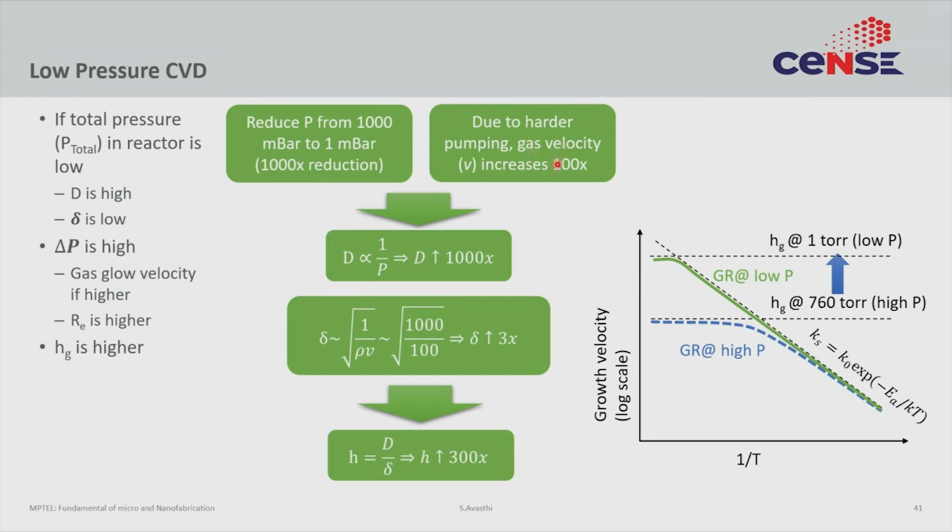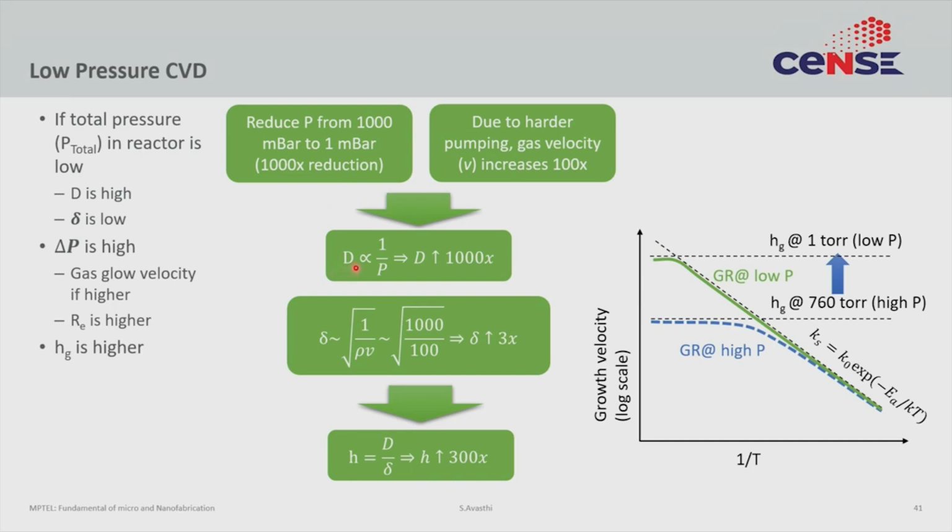It really depends on the Reynolds number and a few other details, but let's assume you are increasing the velocity by 100x. For a 1000x decrease in pressure, the velocity has increased 100x. Now, these two things sort of counteract the effect on growth rate, and that is why the effect on growth rate is minimal. So, let us keep going with the calculation.